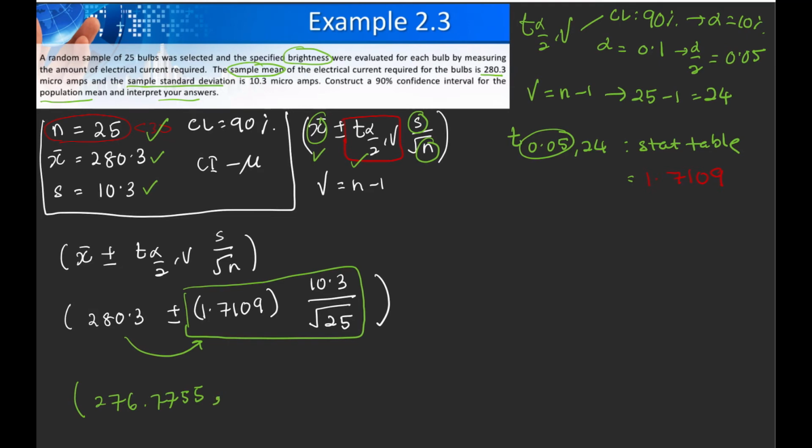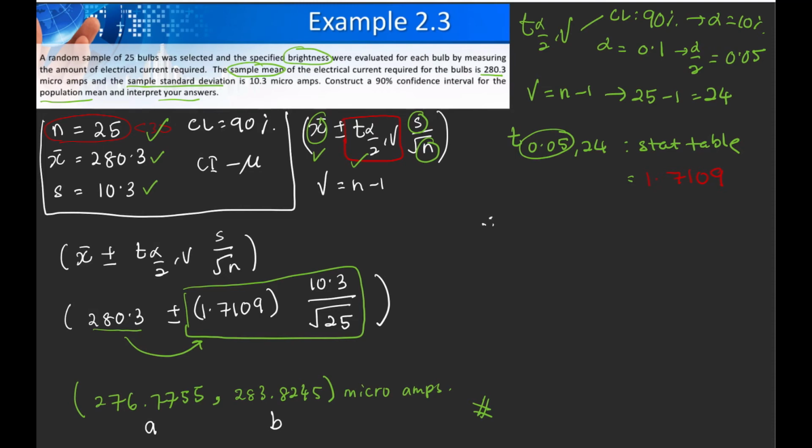And 280.3 plus this answer, you will get 283.8245. Don't forget you have the unit microamps. Your lower boundary must be less than your upper boundary. If your lower boundary is greater than your upper boundary, then your answer is wrong.